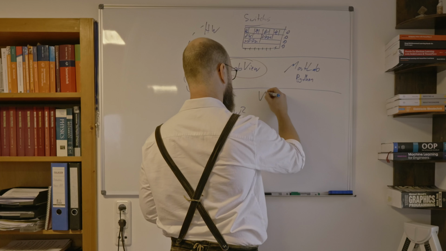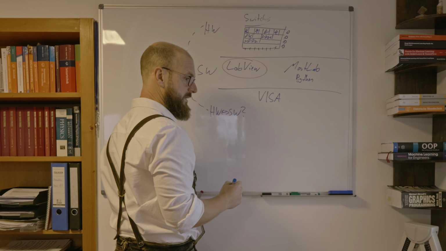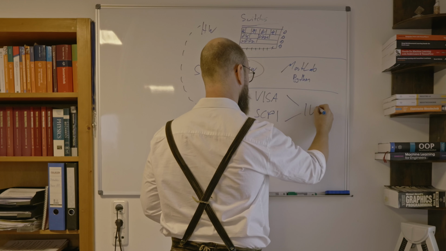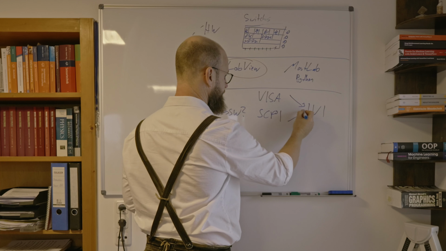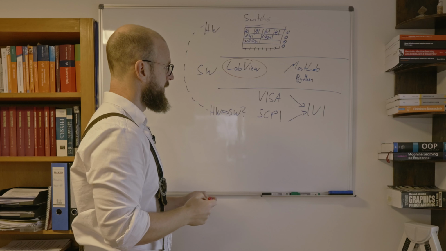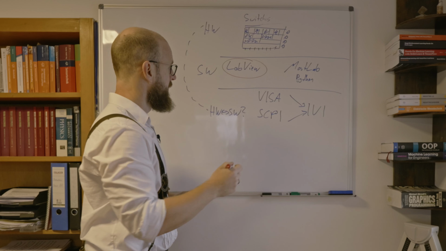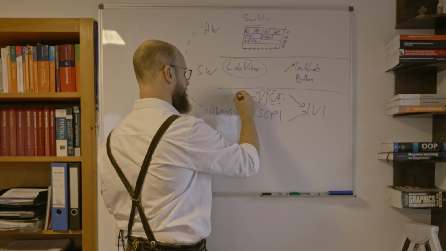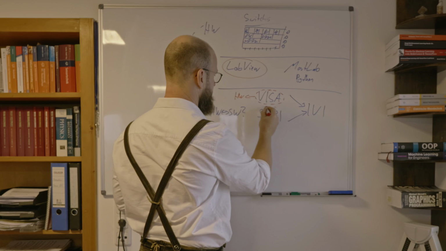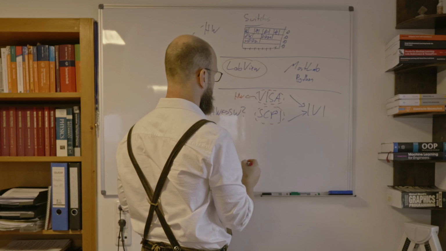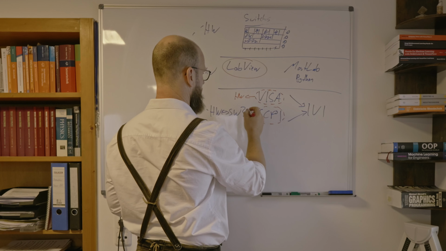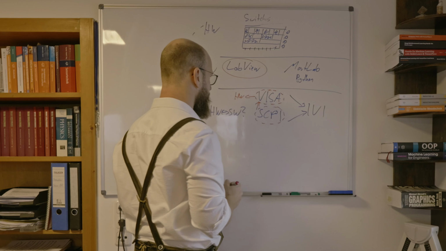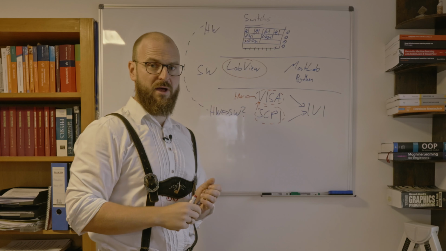Talking about the things we need to know, that's the VISA standard, the SCPI standard, which all nowadays are combined in the IVI standard. The VISA standard being the part of the system which deals with the connection to the hardware, the SCPI being the part which deals with the commands supplied via that connection to the hardware.